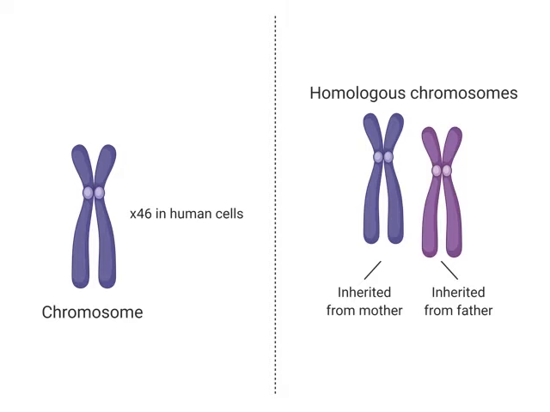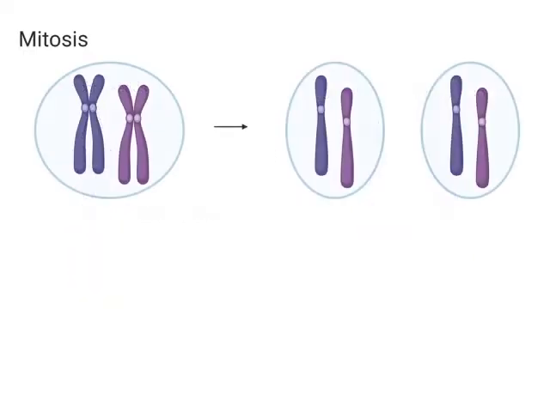When cells are ready to perform mitosis or meiosis, all chromosomes have been copied so that each individual chromosome is in turn composed of two identical sister chromatids. During a mitotic cell division, it is these sister chromatids that are separated, such that the resulting daughter cells continue to have 46 chromosomes.